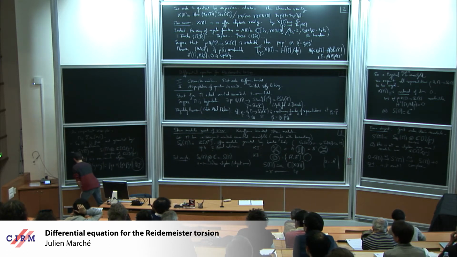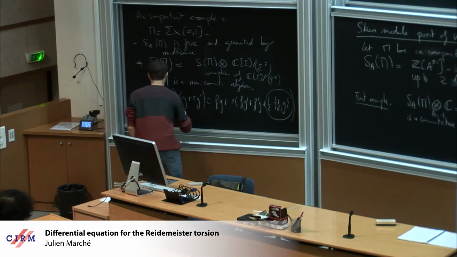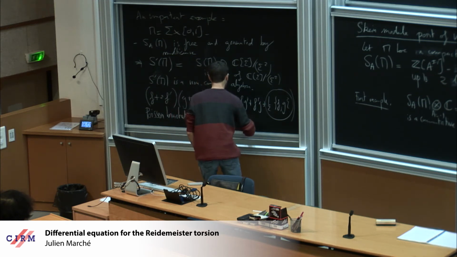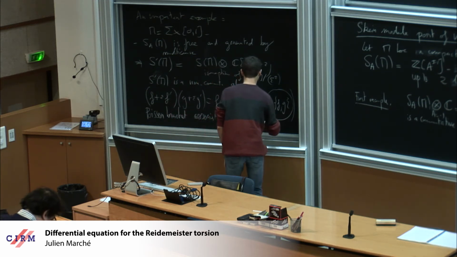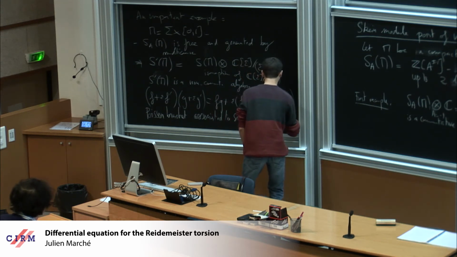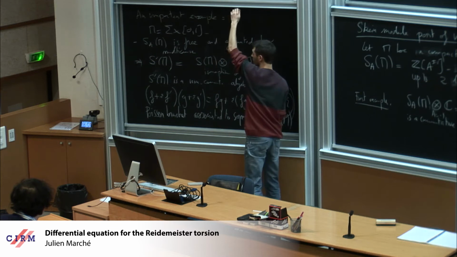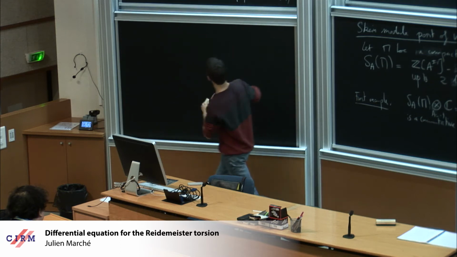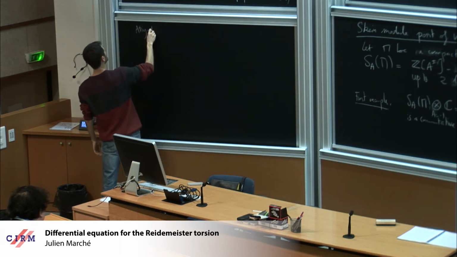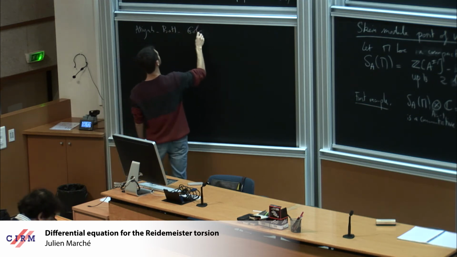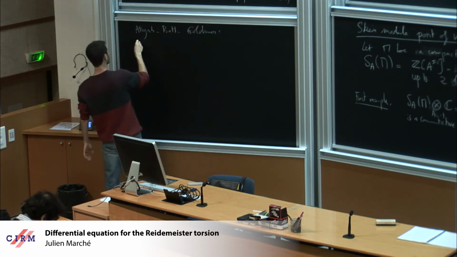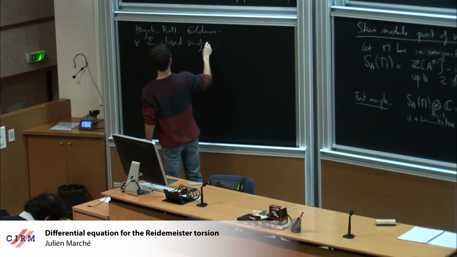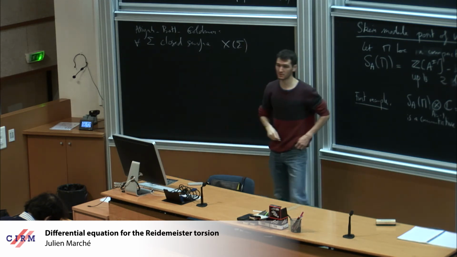So this is a Poisson bracket associated to the symplectic structure on X of M. So this is a very important fact, which I do not have time to explain, but this is mainly due to Atiyah, Bott, and then Goldman, that for any closed surface, the character variety of the surface is indeed a symplectic variety.